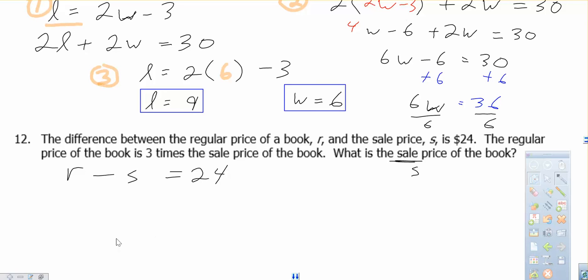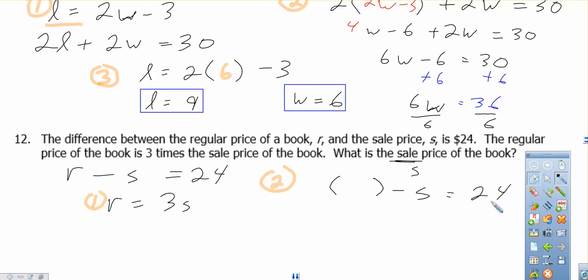There's one equation. Great. Next thing we've got is the regular price is 3 times the sale price. Regular price is 3 times the sale price. R equals 3S. Step 1, I'm picking this equation right here. R equals 3S. Step 2, R minus S. So we're going to have R minus S equals 24.